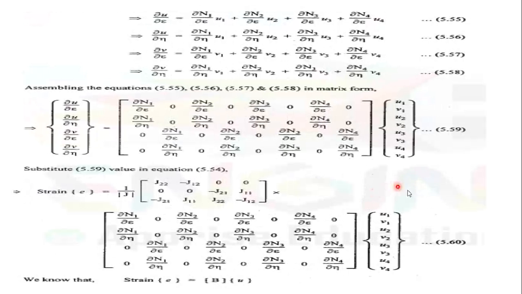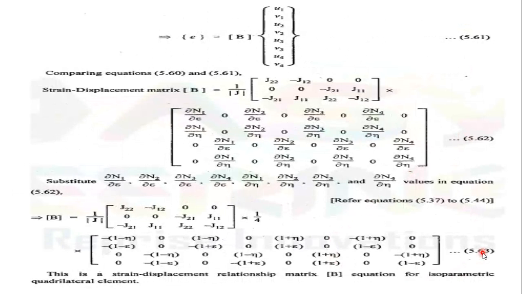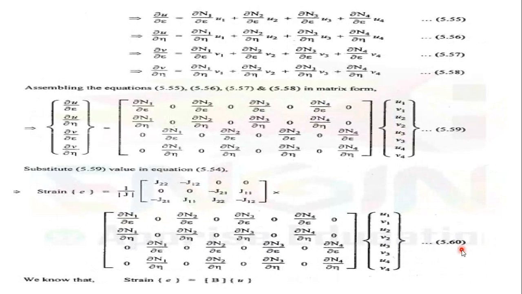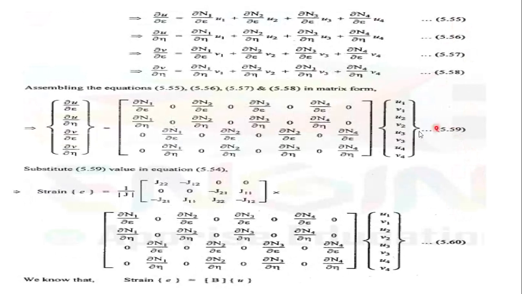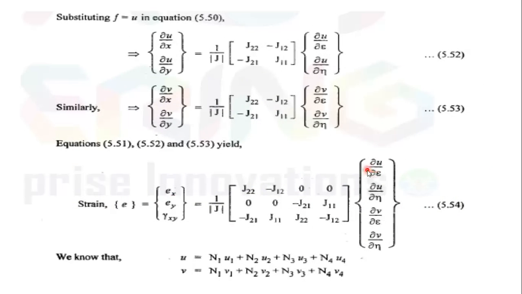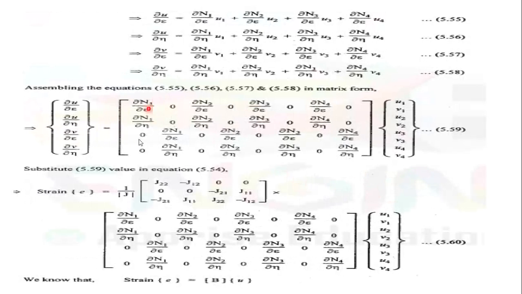So I substitute equation 5.59 into equation 5.54. I substitute the 5.59 here, that is, the right-hand side value in place of this. So now, substituting the 5.59 value in equation 5.54, we get 1 by mod J into J22.